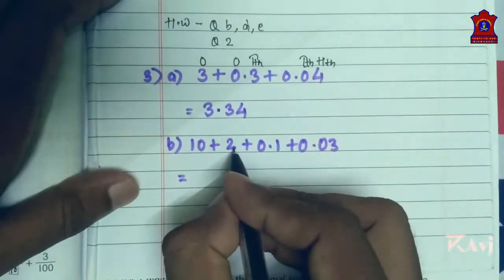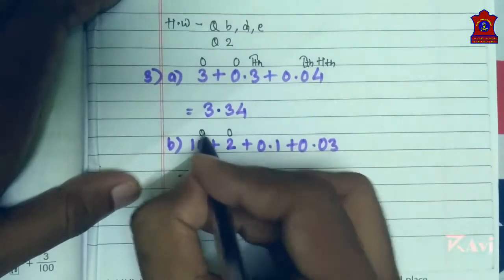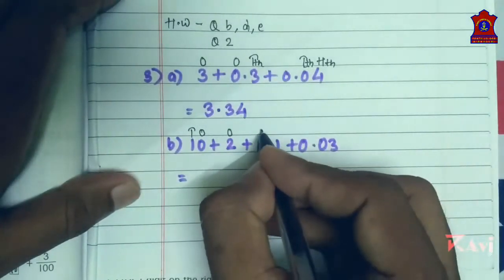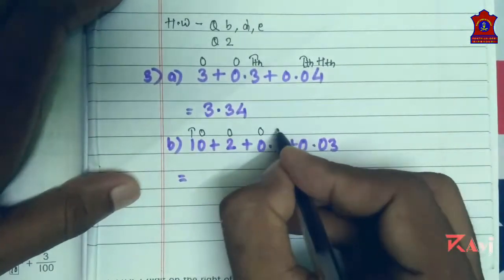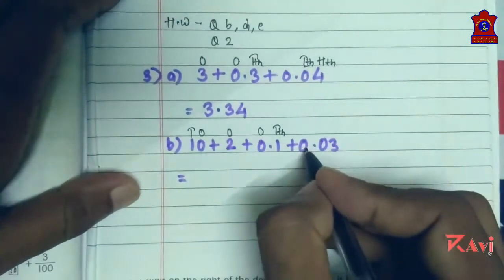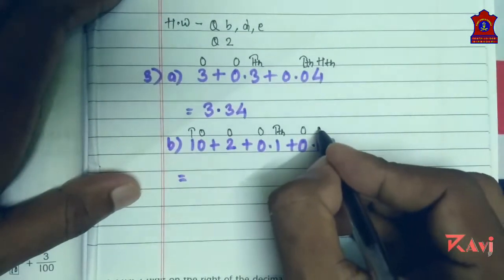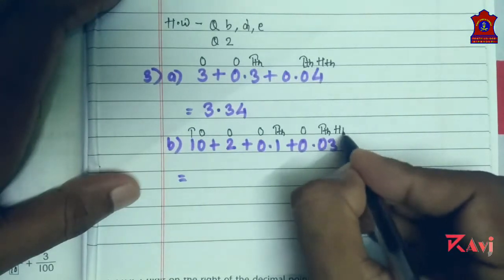See, 2 is at 1's place, 0 is also at 1's place, 1 is at 10th place, here 0 is also at 1's place. Point 1, 1 is at 10th place, I am writing TTH for 10th. 0 is at 1's place, again here 0 is at 10th place, and this 3 is at 100th place.